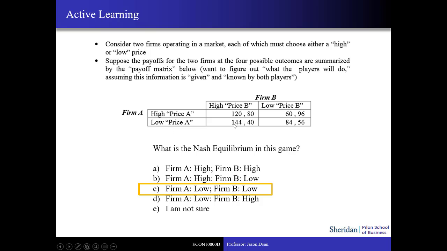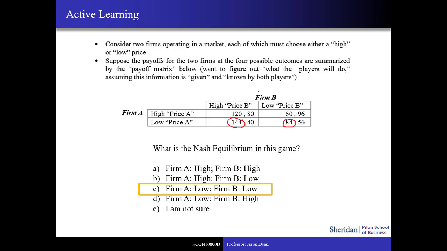Well, in this case, it would be a high price. That would be the best option. So I'll circle that. Now, if firm B were to pick a low price, what's firm A's best option, high or low? Well, we see that it's a low price again, because 84 is higher than 60.